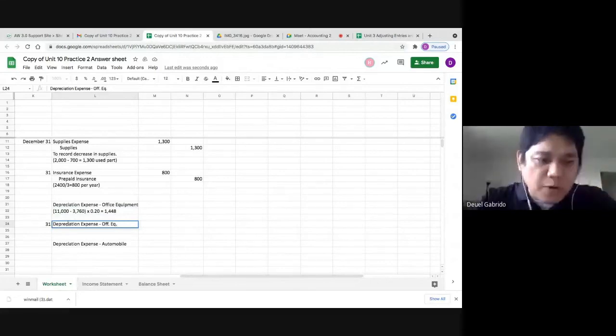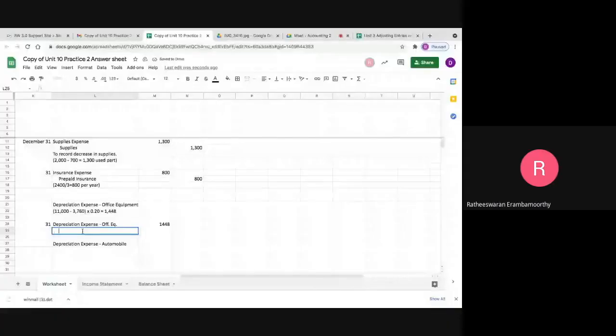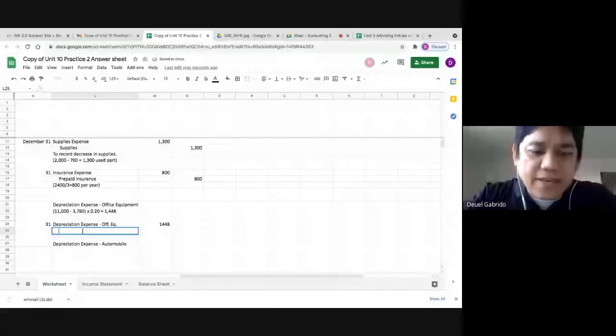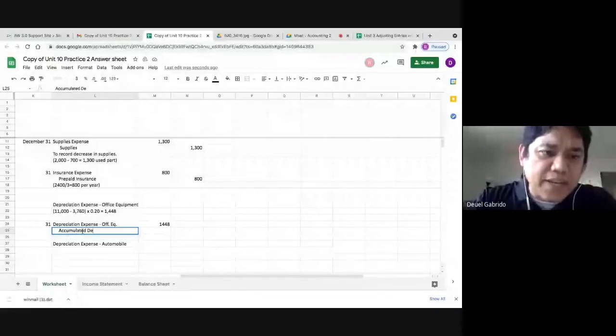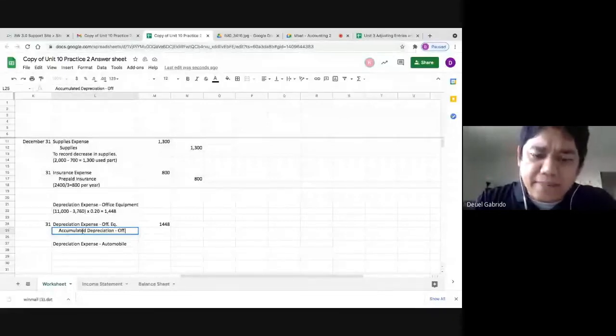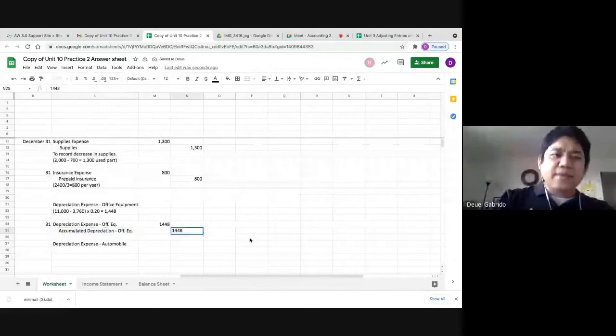Credit what? Always partner, guys. Accumulated depreciation, office equipment, right? The amount is 1,448. Okay. So let's calculate the next one for the automobile.